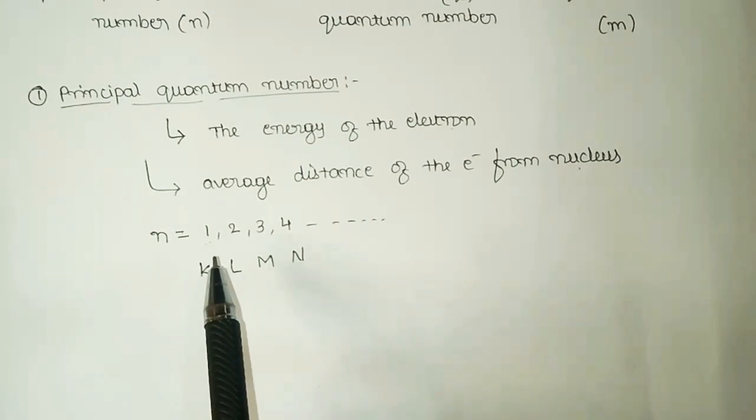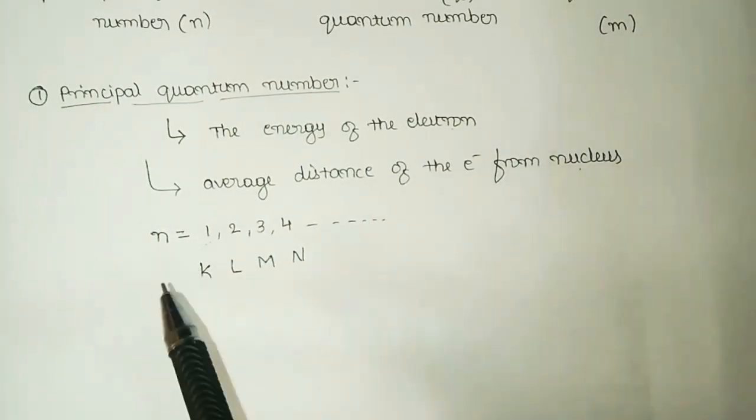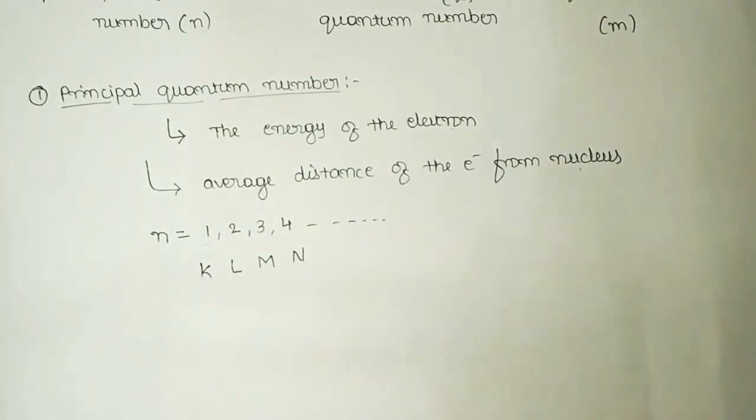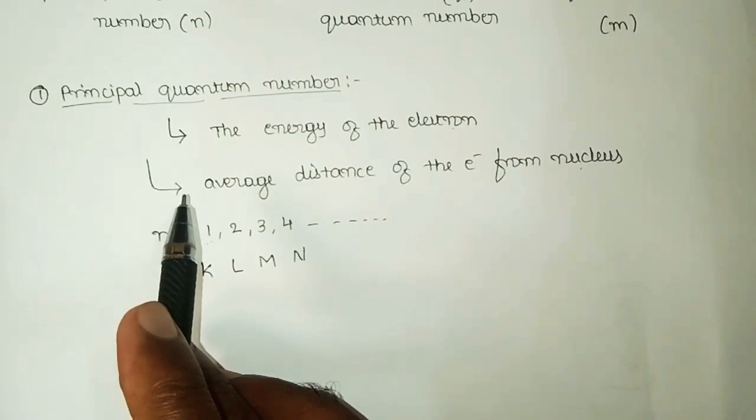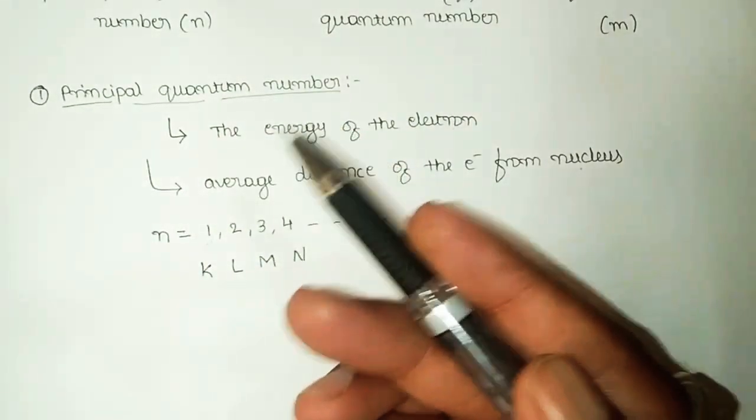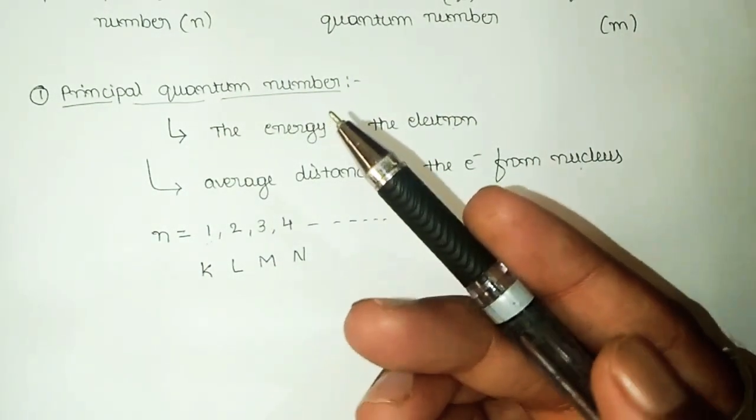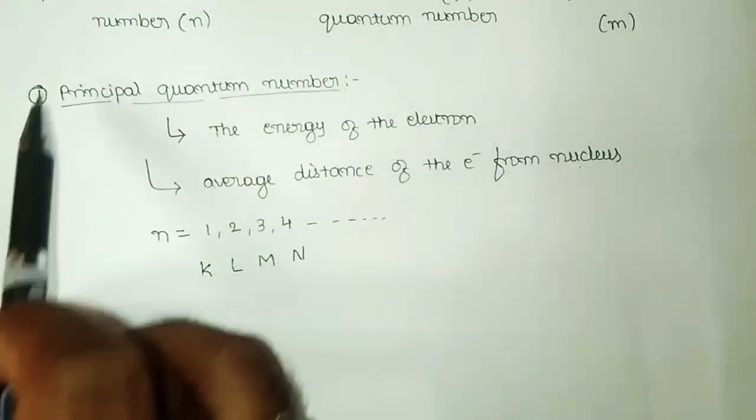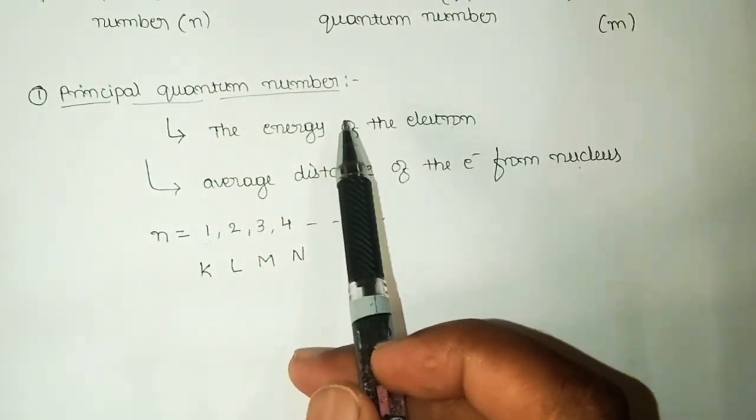Each shell has a restriction for accommodating electrons. A shell can accommodate only a fixed number of electrons, not more than that. So how many electrons can a shell accommodate? To calculate that, the principal quantum number is very helpful.